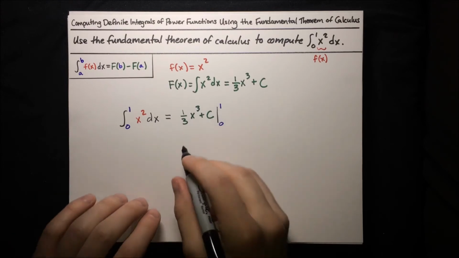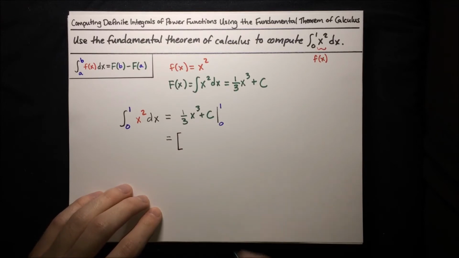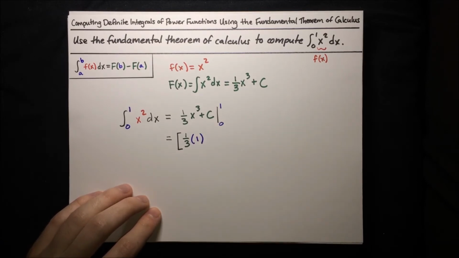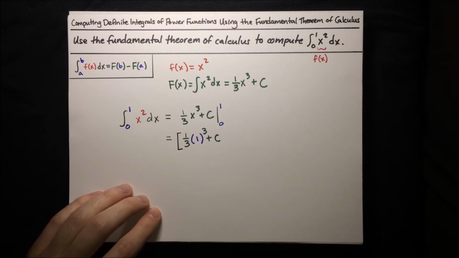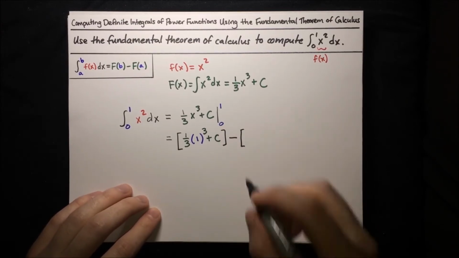So let's go ahead and write that. That's equal to, let's plug in 1 first. So 1/3 times 1 cubed plus our constant of integration, and then minus the same thing, but now we plug in 0.